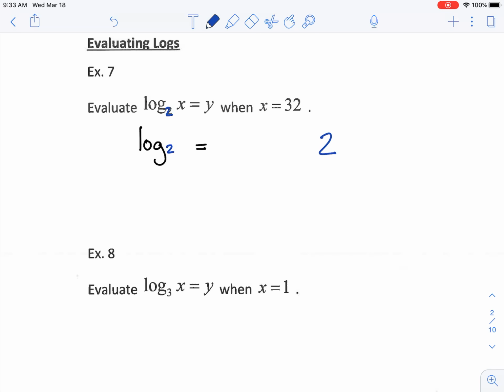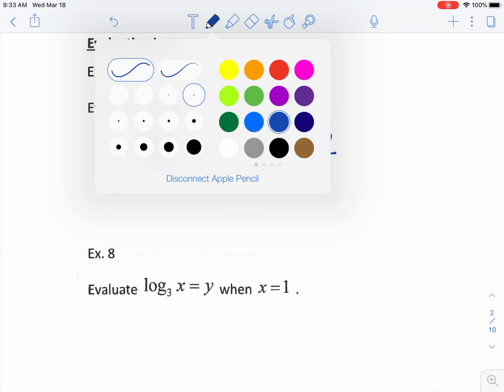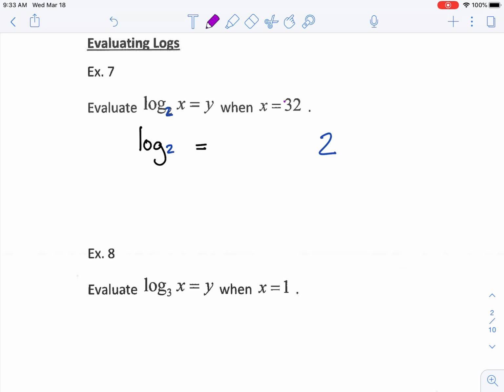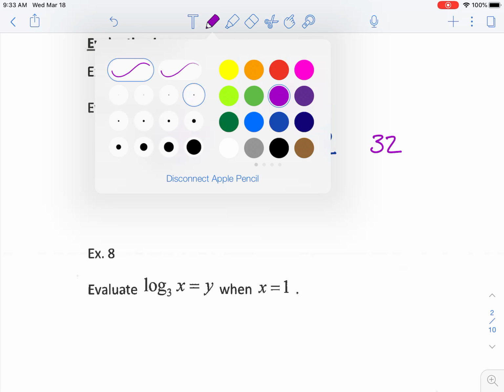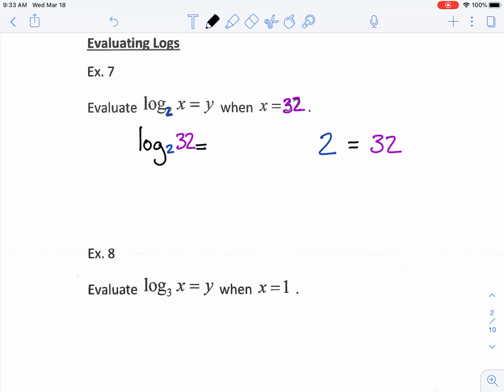And then when x is 32, the 32 goes there. The 32 goes on the other side of my equal sign if I'm talking about an exponent. So what's missing right now is this exponent piece. And it's easier to get this from the exponent side than it is from the log side.